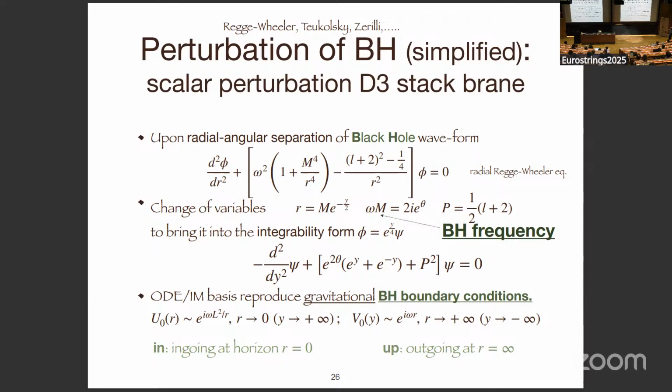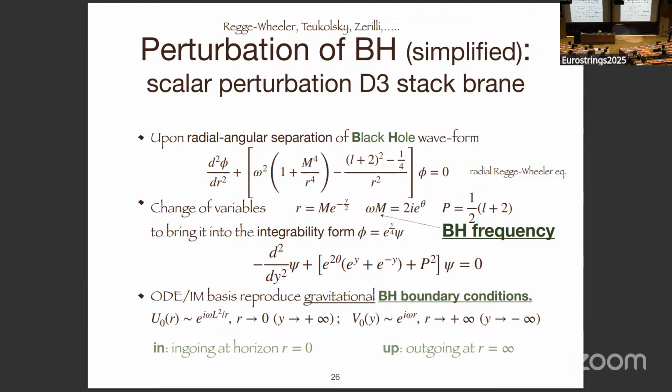If you perturb your Schwarzschild metric with a scalar, electromagnetic field or the graviton, you get a partial differential equation. These people discovered that this partial differential equation at first order, there are many subtleties, anyhow, can be separated into radial and angular parts.